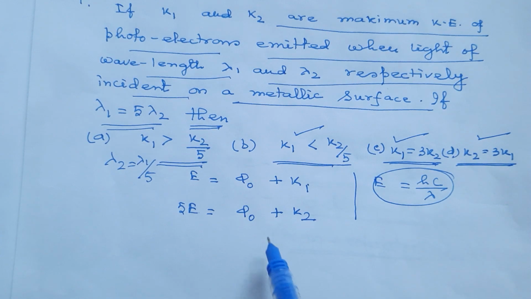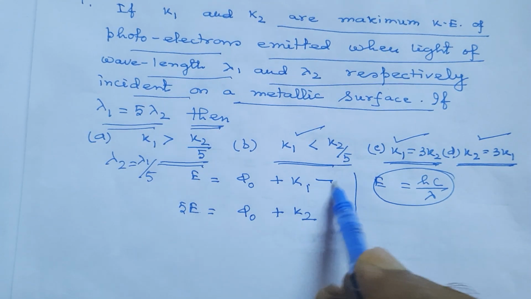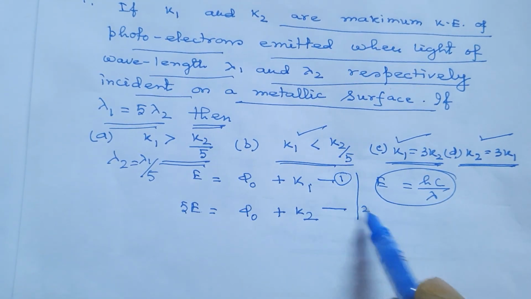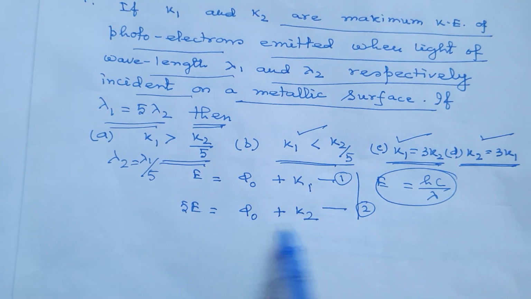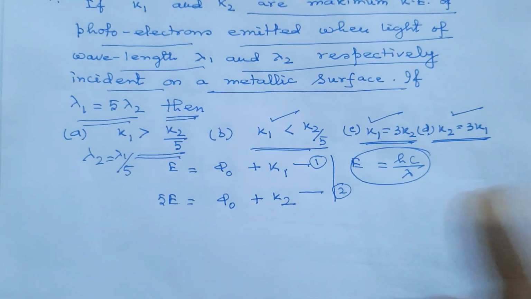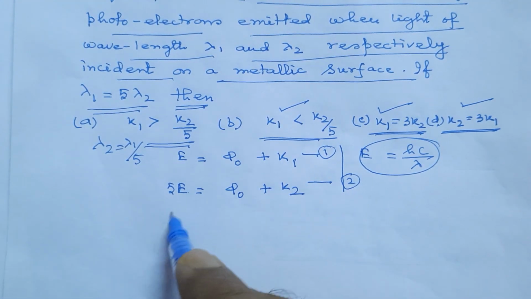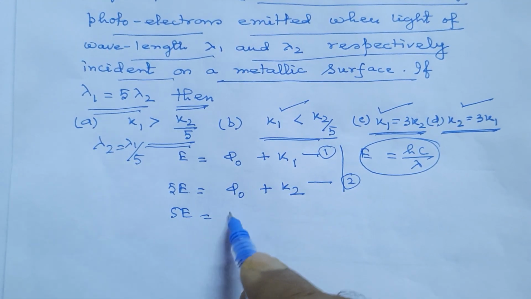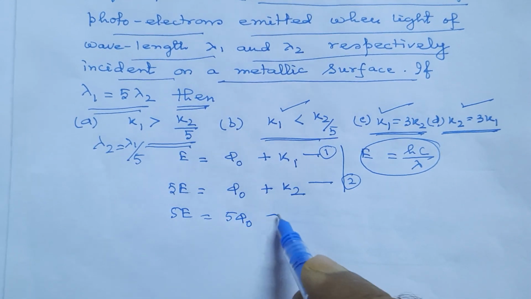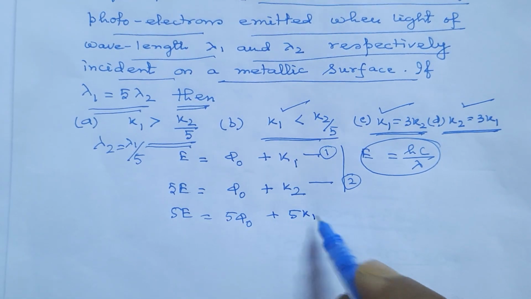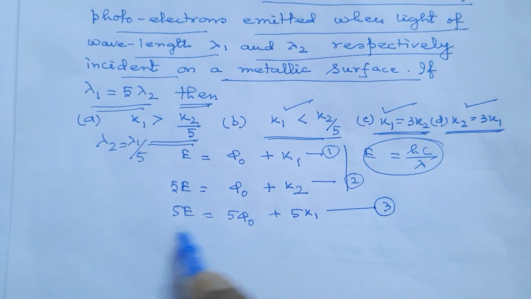There is no phi 0, so to eliminate phi 0, first multiply equation 1 by 5 and then take the difference between equation 2 and the multiplied equation. That is 5E equals 5 phi 0 plus 5 K1. This is equation number 3.